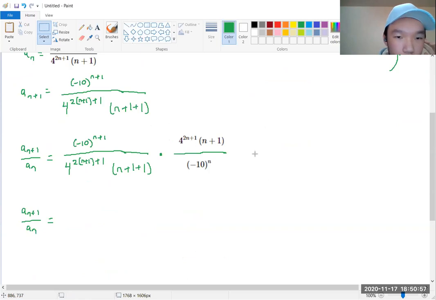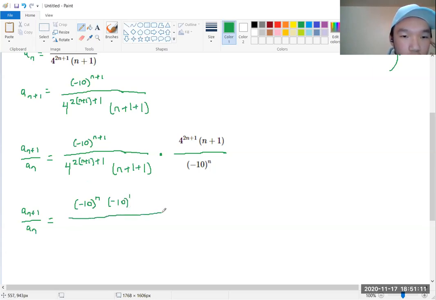Okay, so from what I see, I can rewrite the negative 10 to the n plus 1 as negative 10 to the n times negative 10 to the first power. And then in the denominator, this will be 4 to the power of, I'm going to simplify the exponent here, so that's 2n plus 2 plus 1, so it's 2n plus 3.